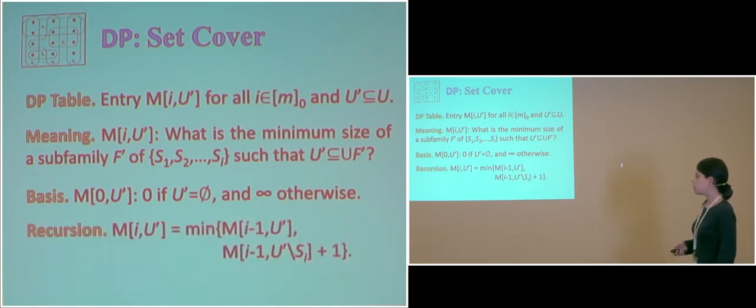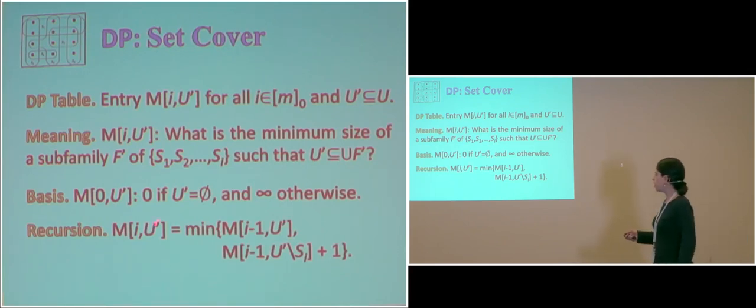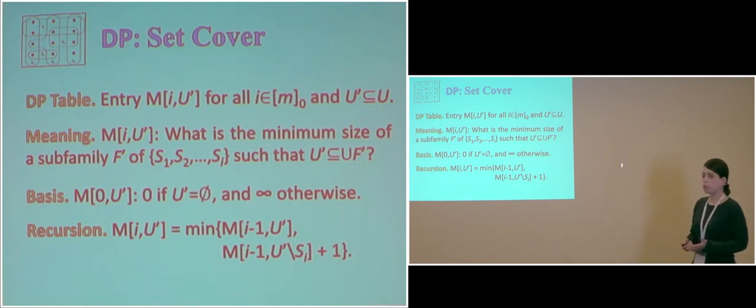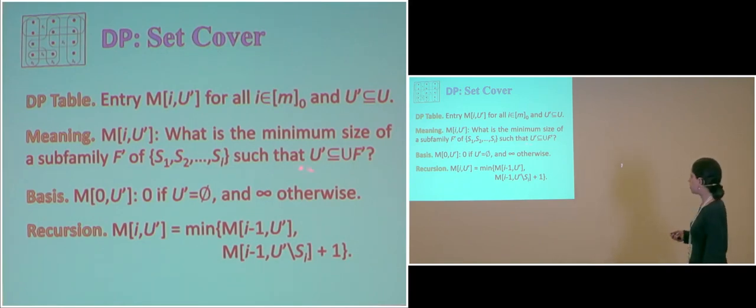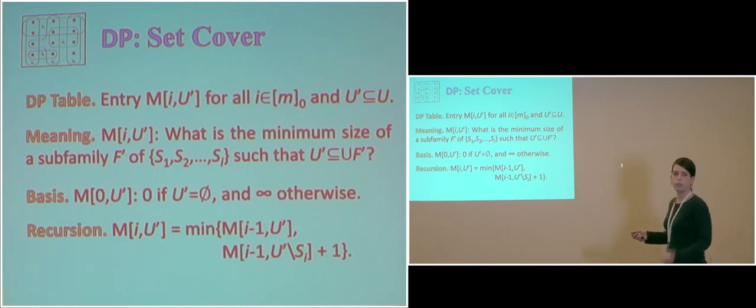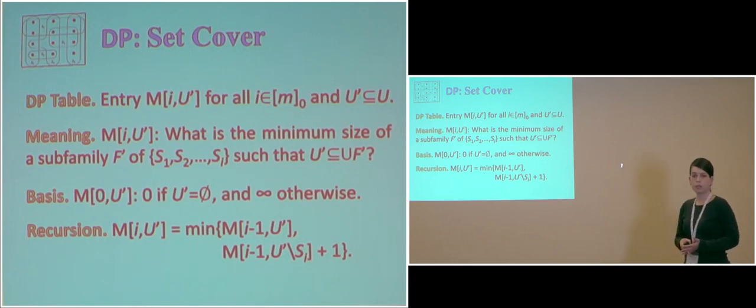Now, our equation is also very simple. So we are looking at M[i, U'], where i is larger or equal to 1, and we are asking ourselves, do we want to use the set Si, or do we not want to use the set Si? So if we are not going to use the set Si, then it means that we need to cover all of the elements in U prime using the sets S1, S2 until Si minus 1. Right? So this is the first entry here.